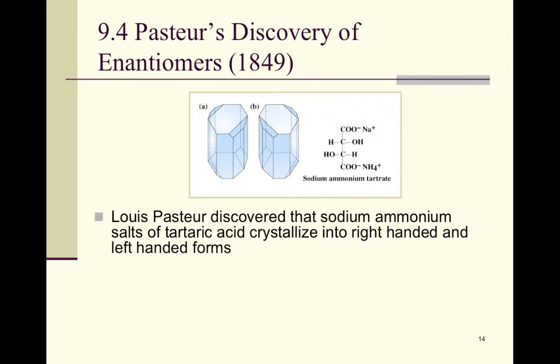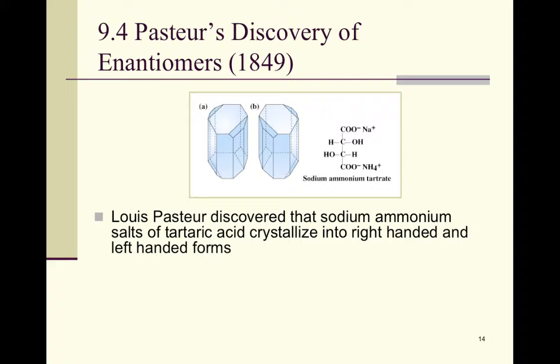Louis Pasteur discovered enantiomers in 1849. If you recall, just a few slides ago, we said that enantiomers have the same melting point and boiling points and a lot of similar physical properties. So they didn't even really discover that these existed until Louis Pasteur discovered that sodium ammonium salts of tartaric acid crystallized into right-handed and left-handed forms.